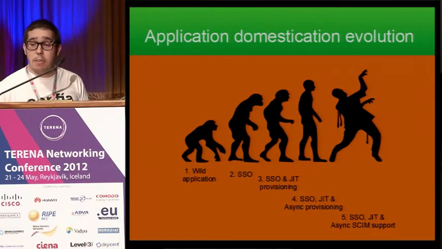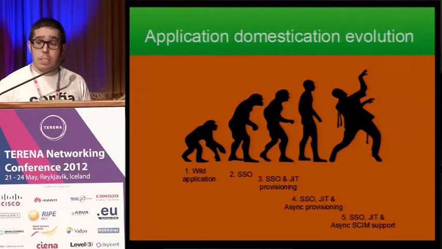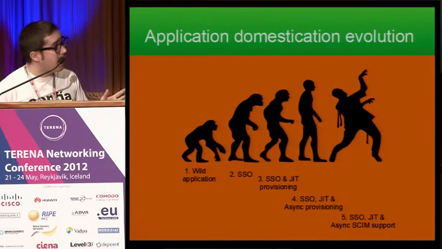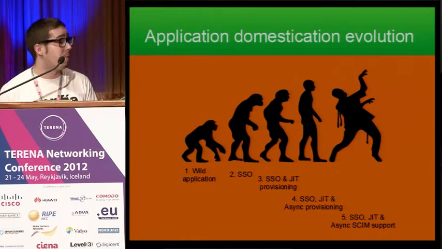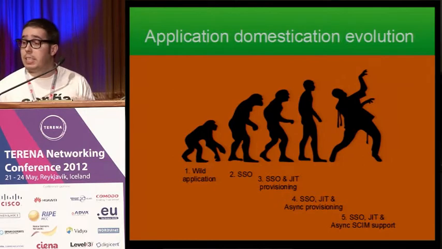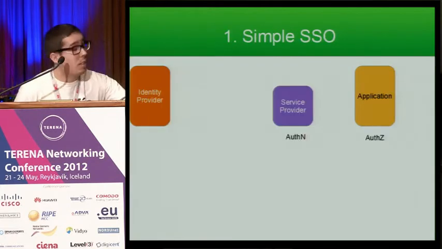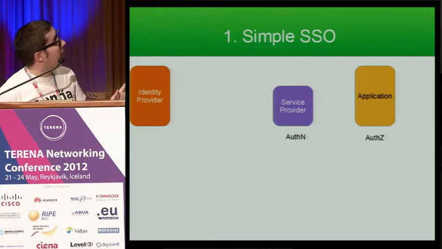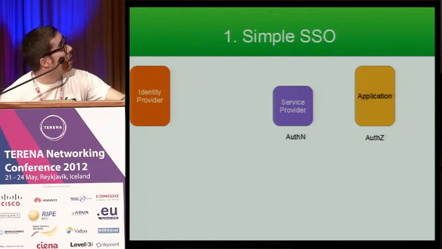Then in the next step, we have single sign-on applications that also do just-in-time provisioning of users. And then the next one, which is the one we made, is single sign-on with just-in-time provisioning, but also asynchronous provisioning. And then the next step we will see soon is more or less the same, but with the use of new standards like SCIM.